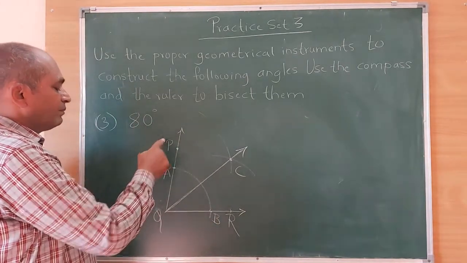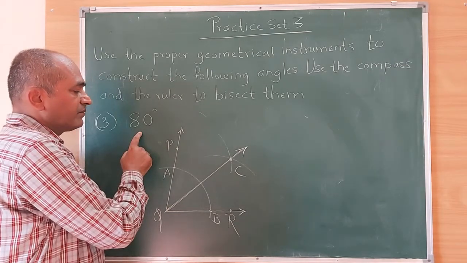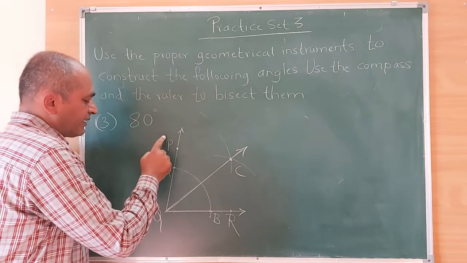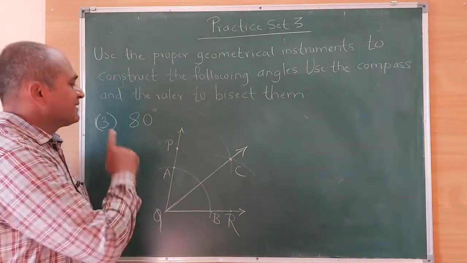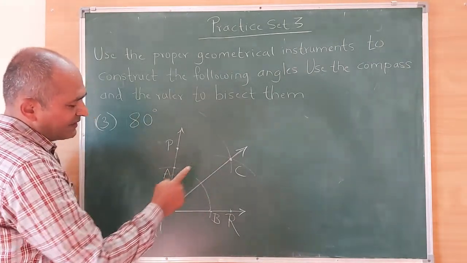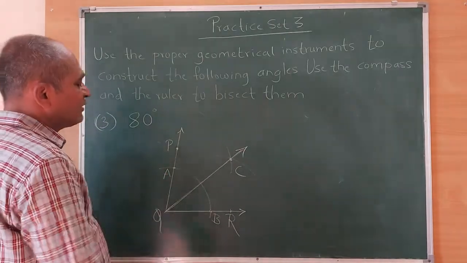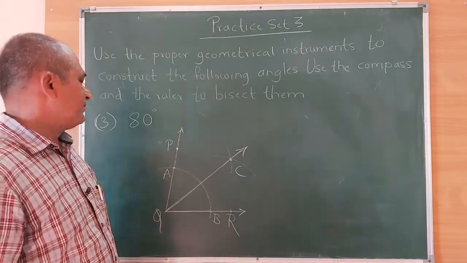If this angle PQR measures 80 degrees, what will be the measure of angle PQC? Yes, 40 degrees. And what will be the measure of angle CQR? Yes, it will also be equal to 40 degrees.